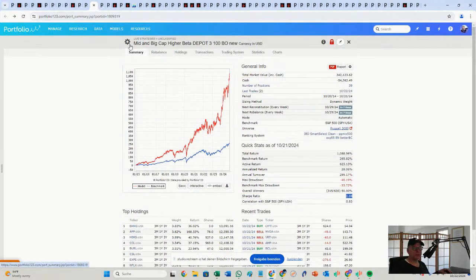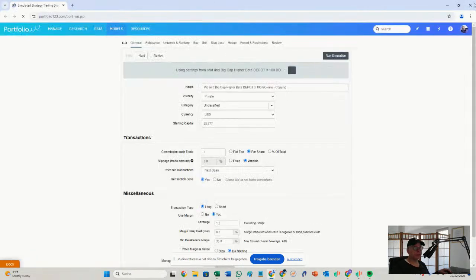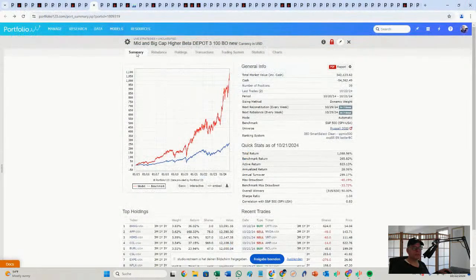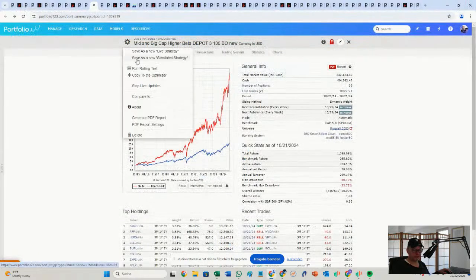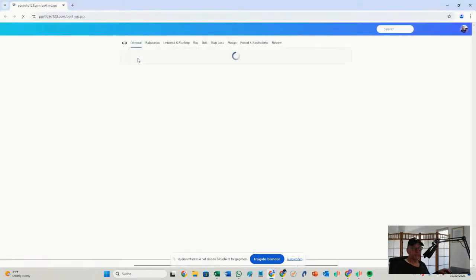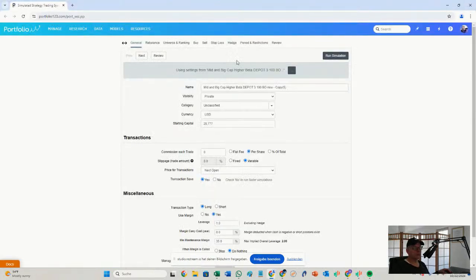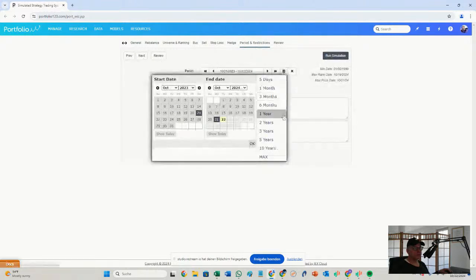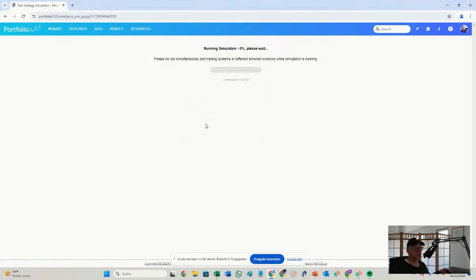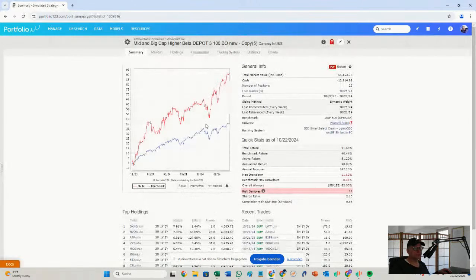Let me just do that one. Maybe the original. Sorry, maybe the original is better from the equity curve. Let's do that for a year here. Yeah, it looks almost the same. That's fine.